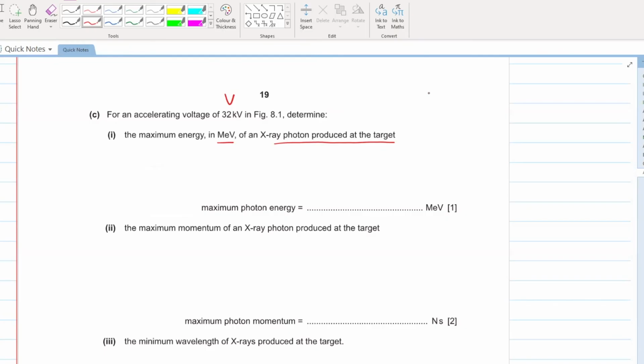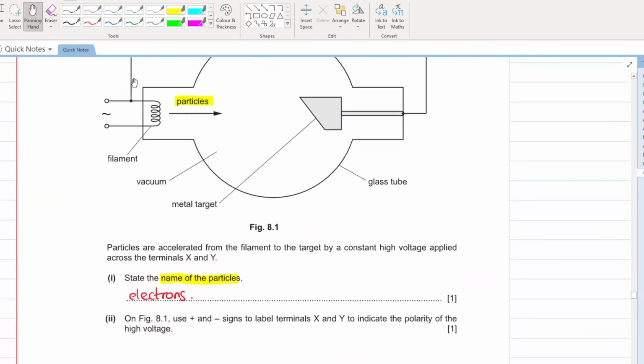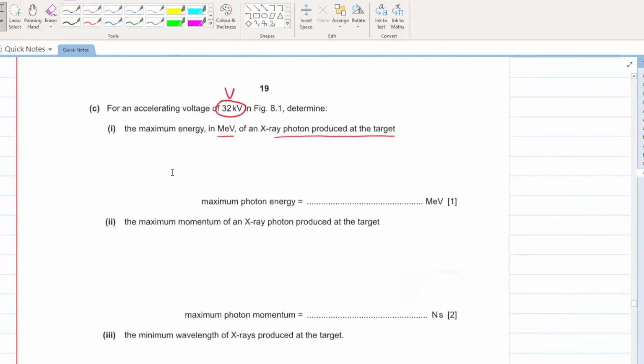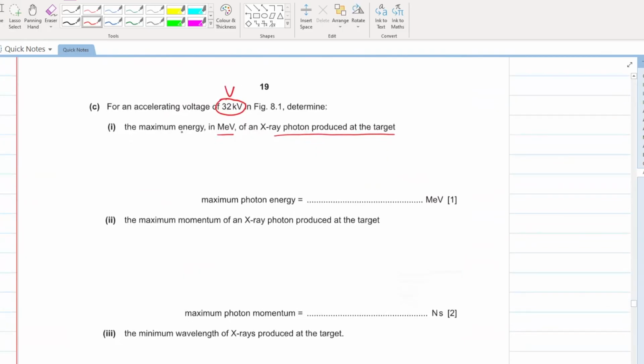So you are utilizing a voltage of 32 kilovolts, and utilizing this, you are accelerating an electron. So you have the voltage, and you have the charge of an electron, that is 1.6 into 10 raised to the power of minus 19 coulombs.